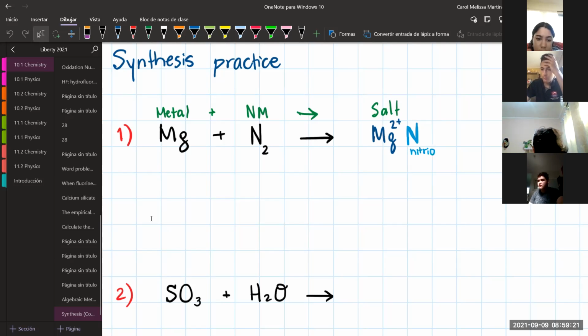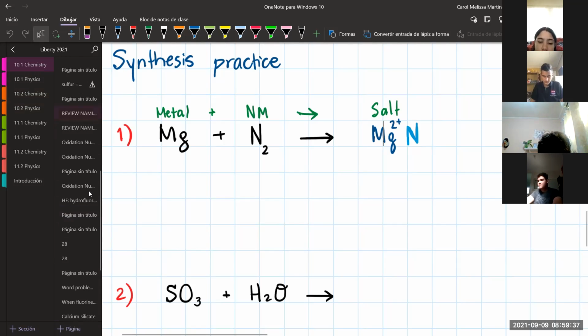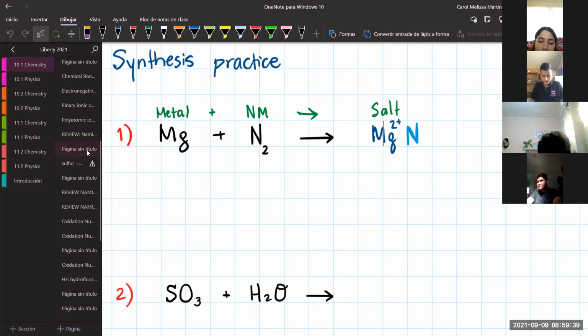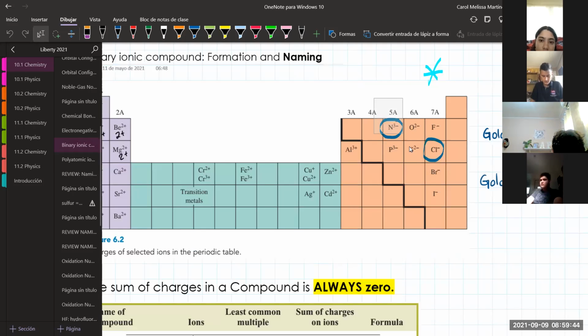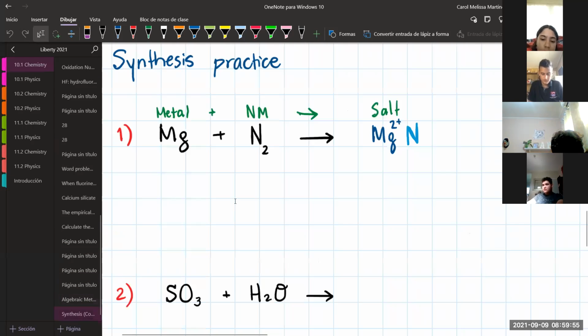What is the oxidation number that we use for nitrite? -2. Take a look. The one that we use for nitrogen when it's alone is -3. Okay? -3. So go back to the exercise and we write the charge.